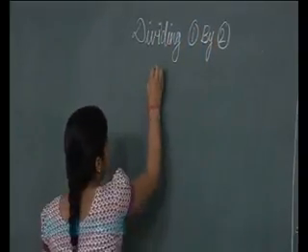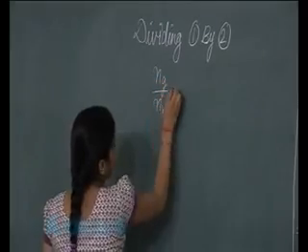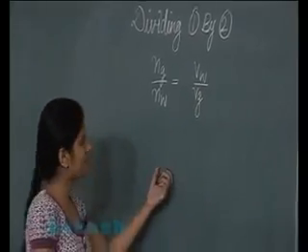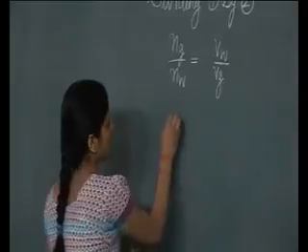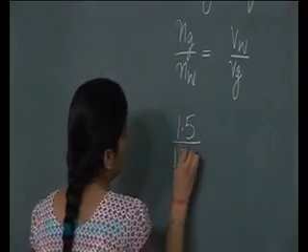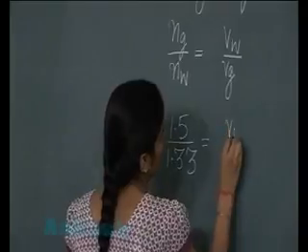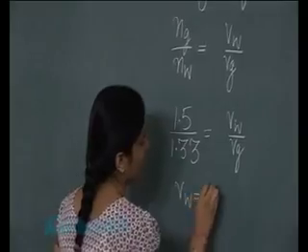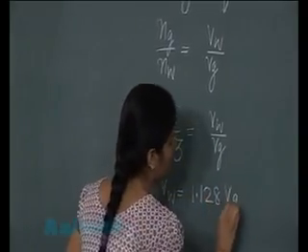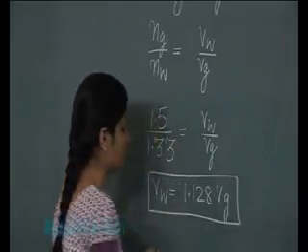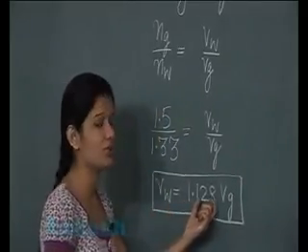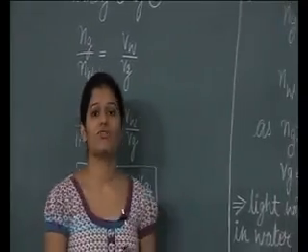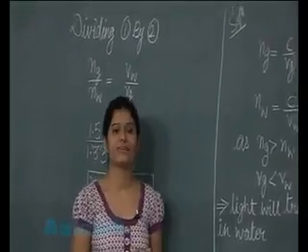We will get Ng by Nw is equal to Vw by Vg. On substituting the values of Ng and Nw, we will get 1.5 by 1.33 is equal to Vw by Vg. We will get Vw is equal to 1.128 times Vg. Therefore, the speed of light in water is 1.128 times the speed of light in glass. Hope this question is clear to you. So students, so far we have discussed refractive index and relative refractive index.